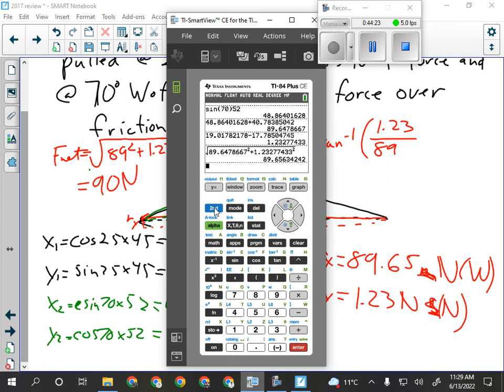So second tan of that side divided by that side. Yeah, so less than 1 degree. It's almost perfectly west. So we would have 0.79 degrees north of west for that one.